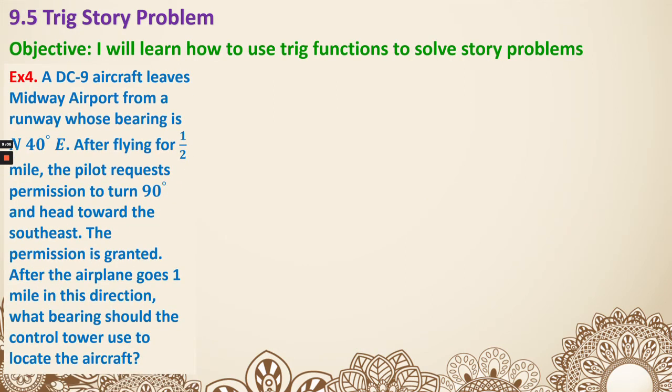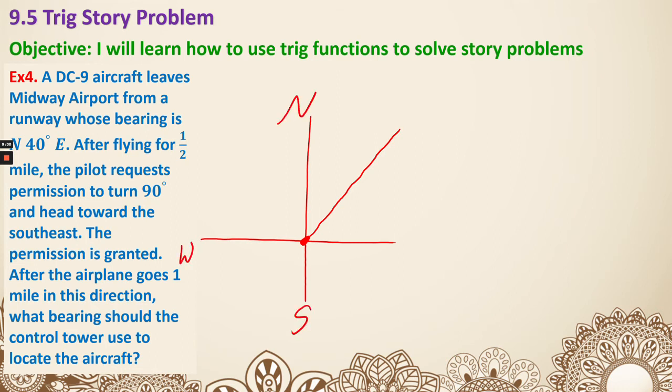A DC-9 aircraft leaves Midway Airport from a runway whose bearing is north 40 degrees east. Well, let's find out. This would be the airport, north 40 degrees east. It's kind of close to halfway, which is 45, so it's almost in the middle, but that's about how it is. North, south, west, east.